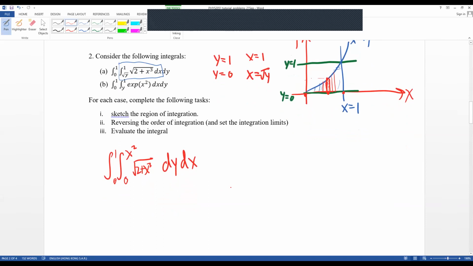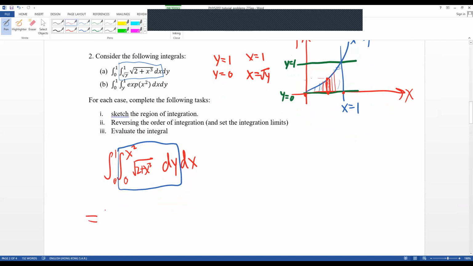Now, if you try to consider the integral again, you find that it's much easier, because at least for the inner integral, when we do it with respect to dy, this one is just a constant.